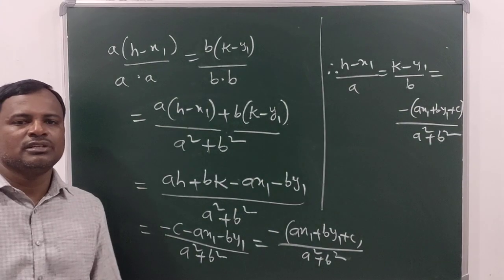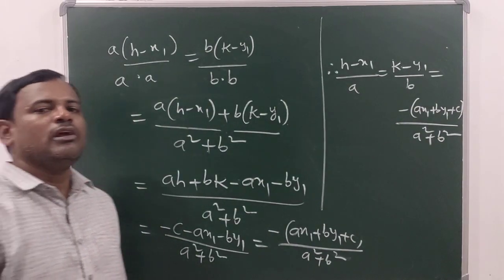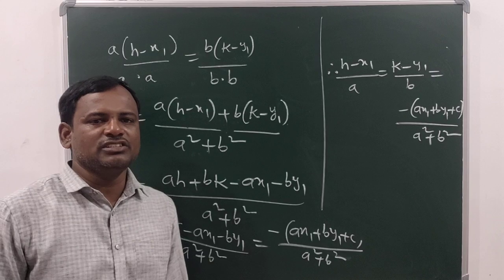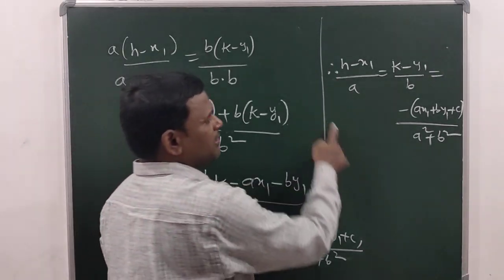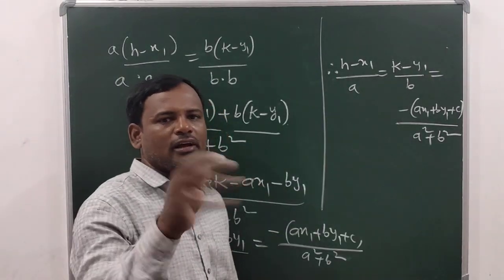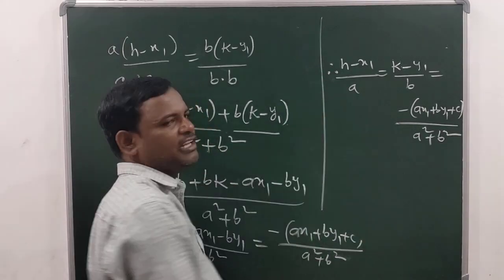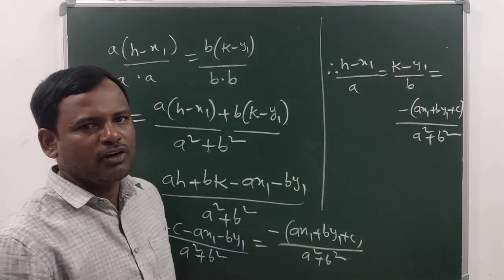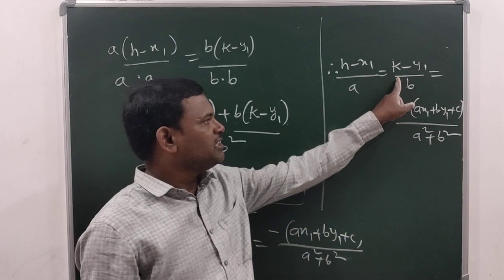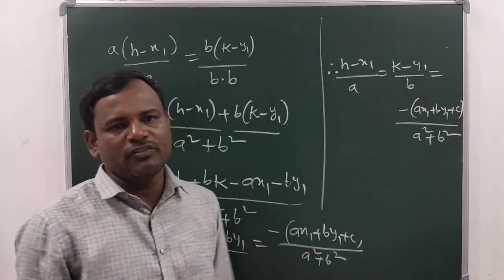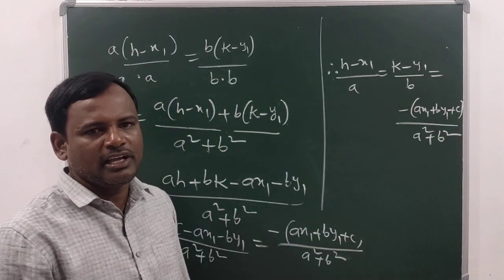Okay, students. Suppose while going for application, if you want h, what you people have to take? First and last, and go for simplification, so that you will get h. Similarly, if you want k, equate the second and last and go for simplification, you will get k.